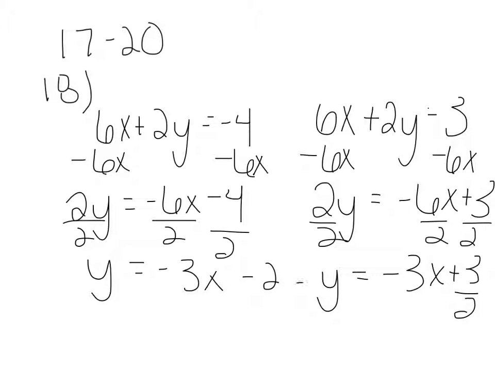So comparing my two equations, it looks like the y-intercept is the only thing that changed, and it changed from -2 to 3 over 2, which is the same as 1.5. So the option that states that is B. It says the y-intercept would change from (0, -2), because again this is the y-intercept, to (0, 1.5).